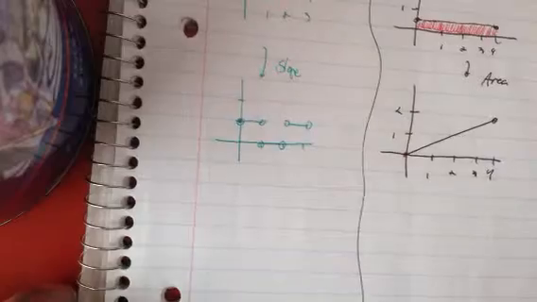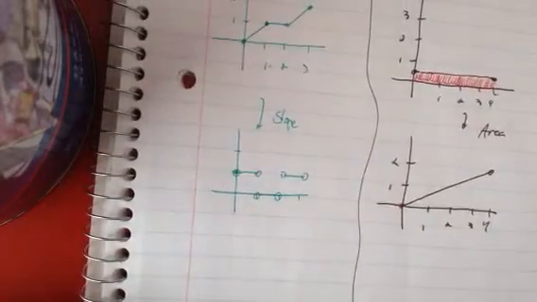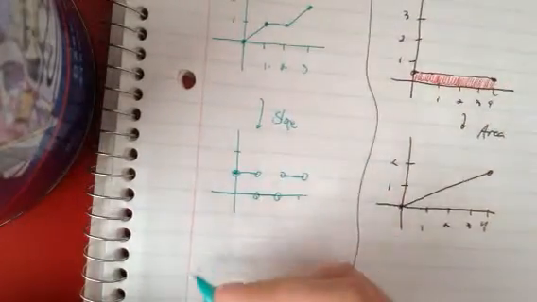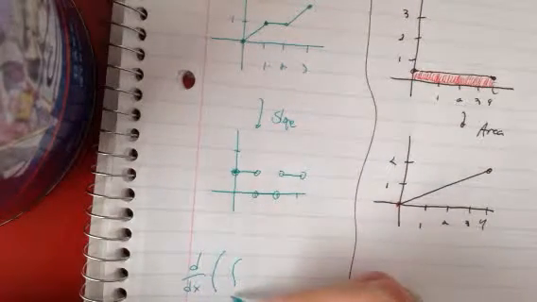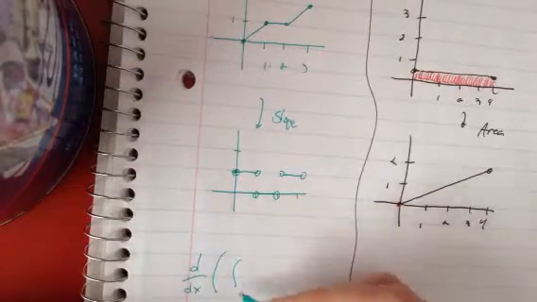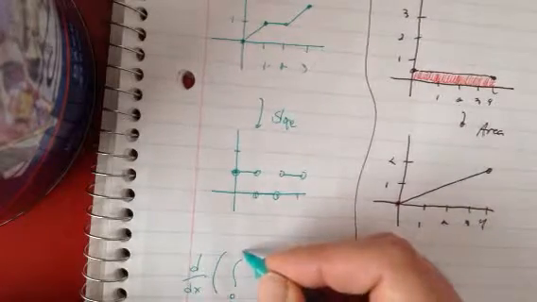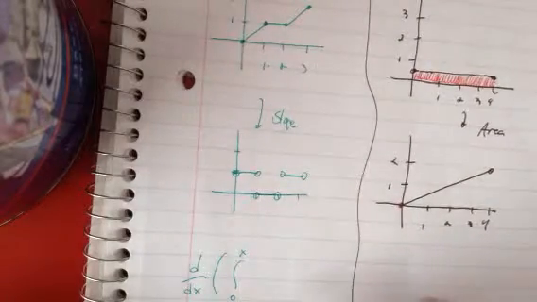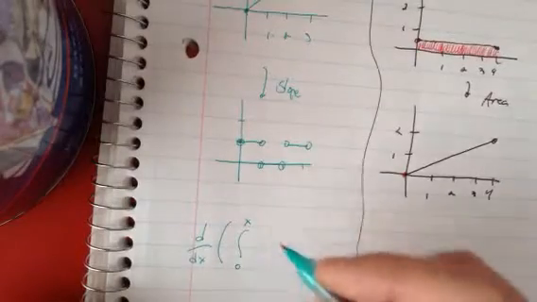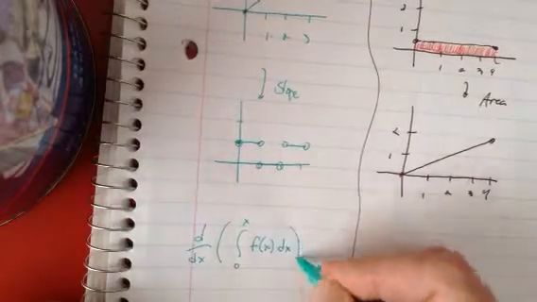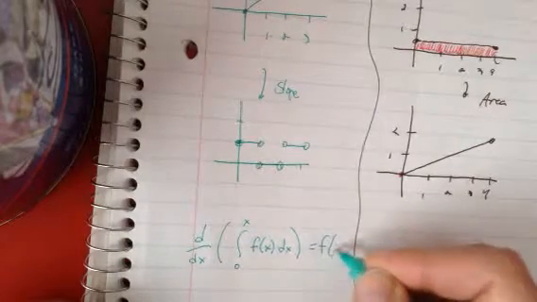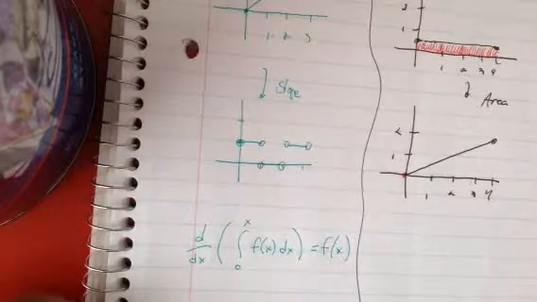We can write that in calculus, roughly, our first draft. The slope of the area, that is the derivative, of the function on some interval from say 0 to x. We've got to clean that up a little bit. The slope of the area of the function is the function itself.